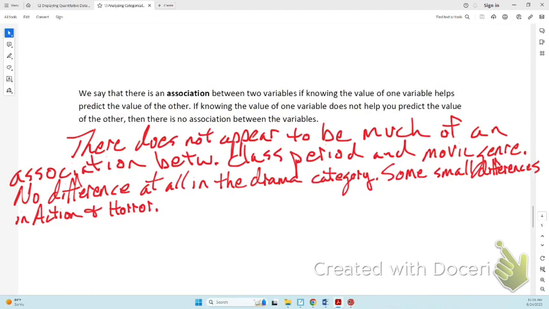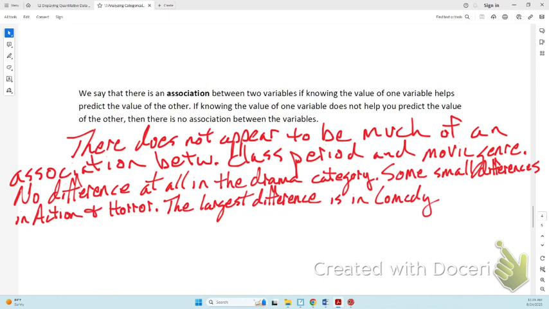The biggest difference, as I said earlier, is in the comedy category. And I'm going to point out the actual values.